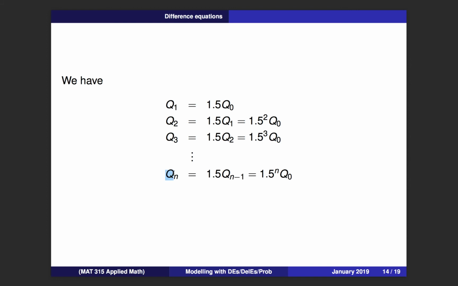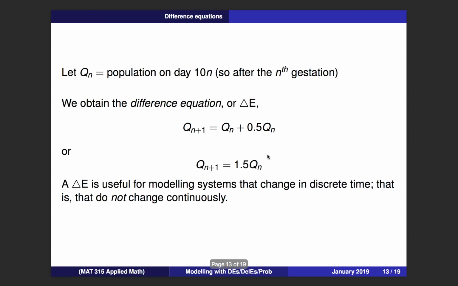You can see the so-called solution here is a function of n. If you give me n, I can tell you how many rabbits there are going to be, assuming you know how many there were initially. That's different than the recursion that we started out with. This does not give us a formula for how many rabbits there are as a function of n.